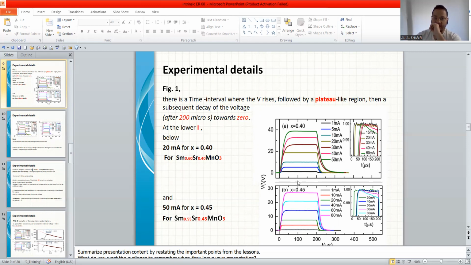Here at this flat part, the Joule heating is useless, but the Joule heating method is useful at the edges, on these two sides. From here, in this increasing part, we can use Joule heating, and here where the decreasing started, we can use Joule heating.